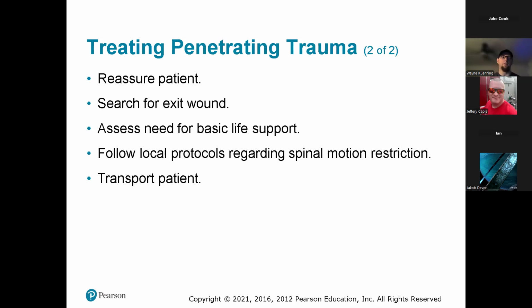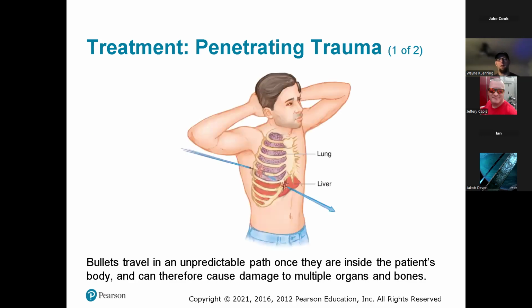I'm not sure that that's the National Registry standard yet, though. So don't take my word on that. Refer to your book on that one, because that's changing. And then obviously transport the patient. They've got holes in their body. They probably need to go figure out what all was damaged and why.